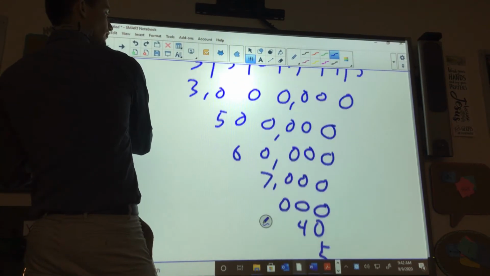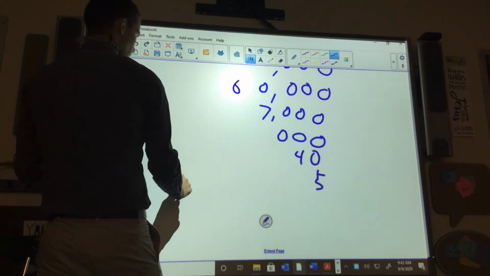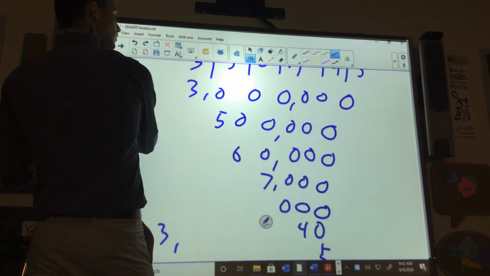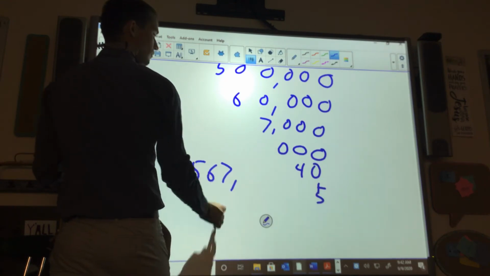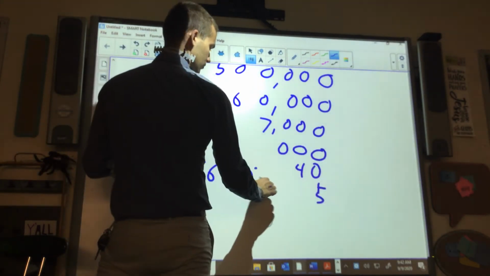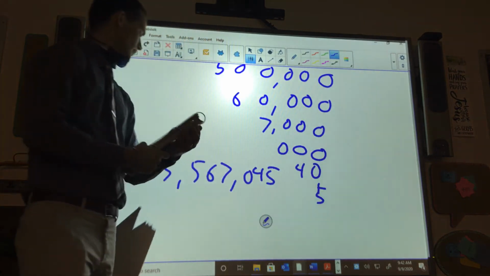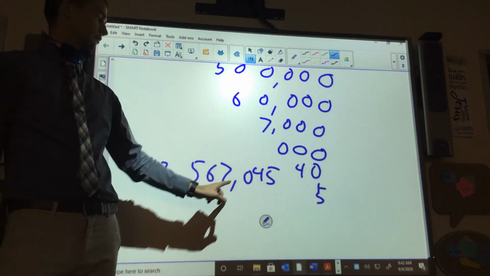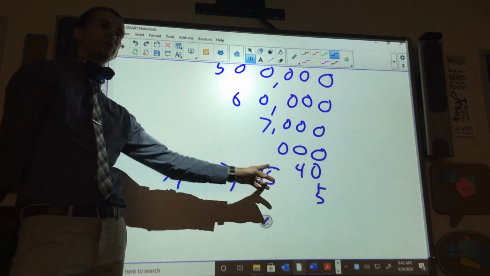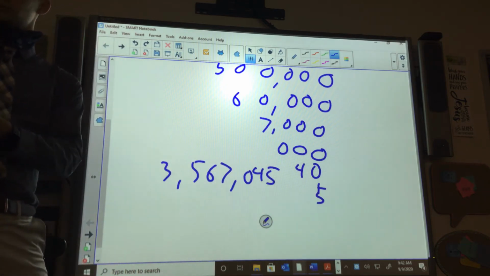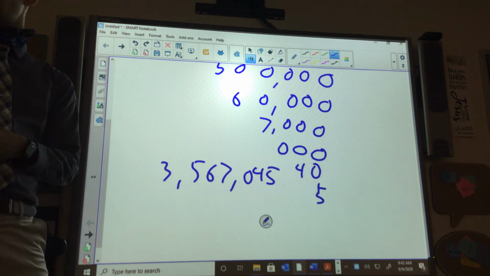You combine all those together, and we're going to have 3, 5, 6, 7, 0, 4, 5: 3,567,045. Should seem pretty simple and straightforward.